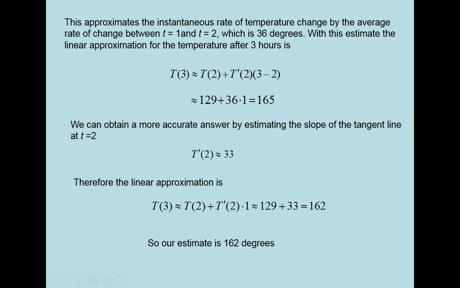Or we could say we know it's going to be a little bit less than 36. So here we're estimating the slope of the tangent line may be 33. Therefore, we're going to use 33 instead of 36, and we would get an estimate of 162 degrees.